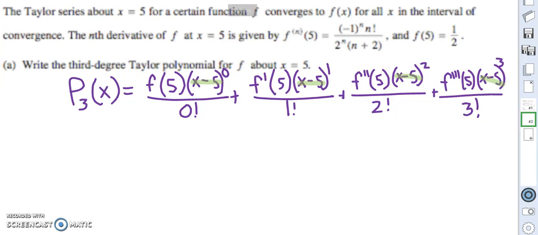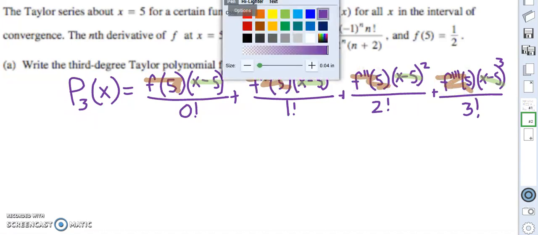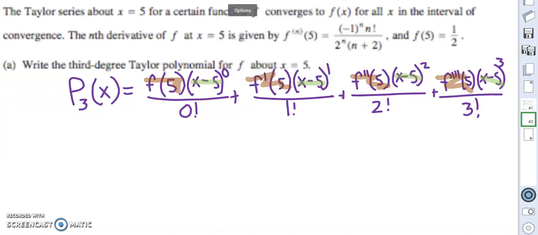I need to figure out what these come out to. So let's see. F of 5, I know. F of 5 is 1/2.